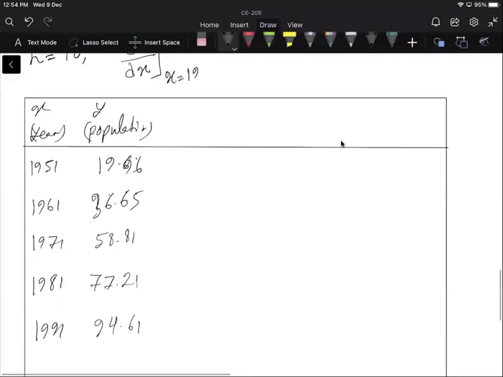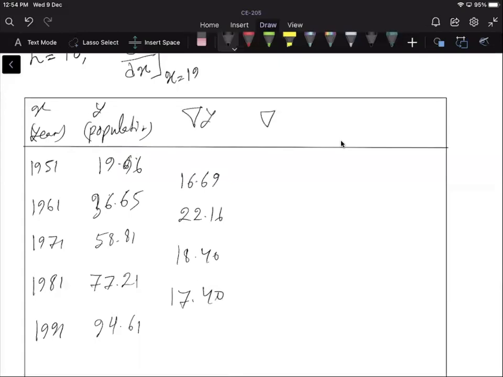Since we use backward interpolation, the first differences, nabla y, are 16.69, 22.16, 18.40, 17.40.